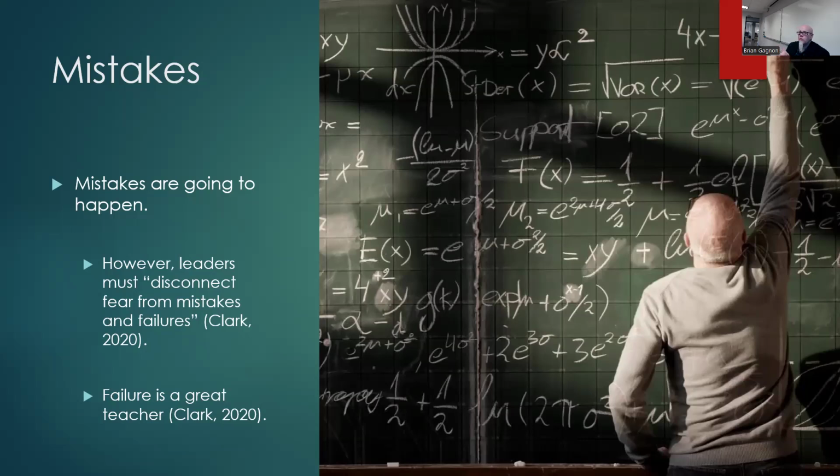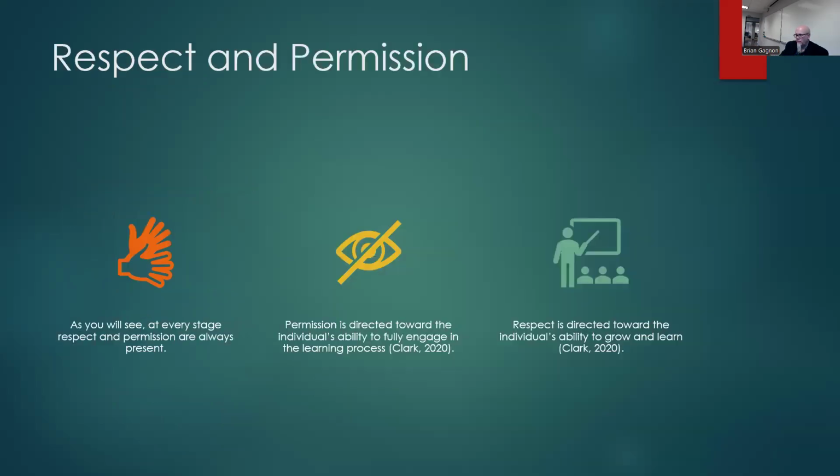No fear, no ridicule. Accept the mistakes. That doesn't mean you encourage mistakes, but rather you accept the fact that they happen and you accept when they happen. And when they happen, you use it as an opportunity to further teach somebody. Because failure is a great teacher, according to Clark, and I totally agree.